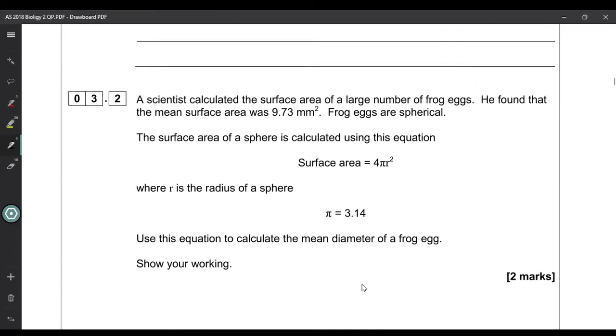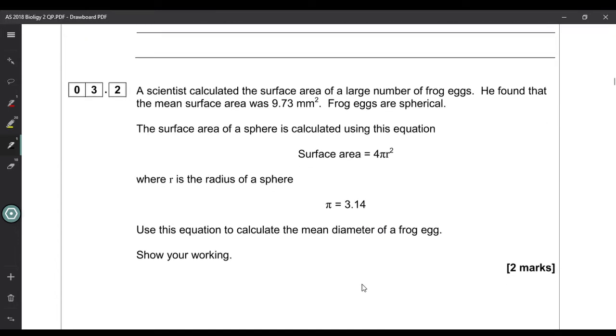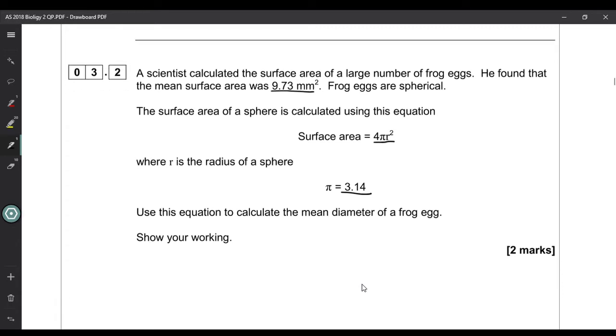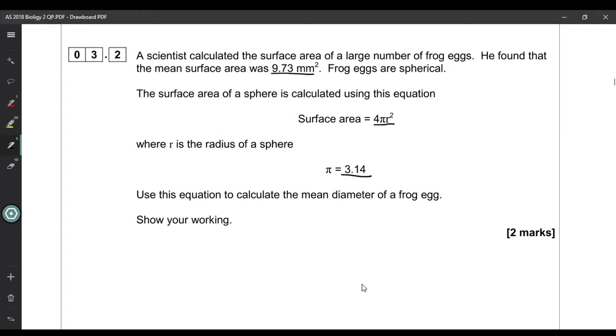So the next part involves a calculation. We're told that a scientist calculated the surface area of these eggs, which are spherical, and the surface area is 9.73 square millimeters. We're given the equation for surface area, and we're given a value for pi. So we're asked to calculate the mean diameter of the frog egg.